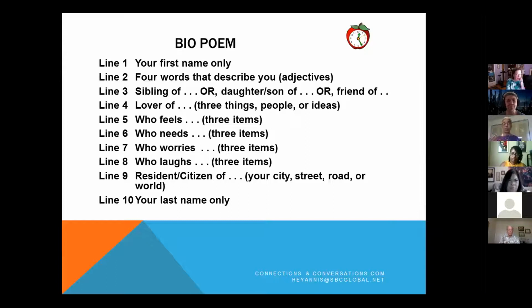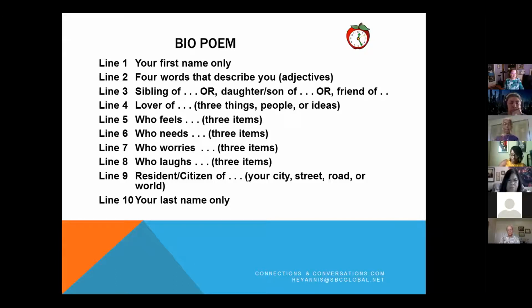So these are 3 items that you feel strongly about, or you have feelings about. And then the next line, who needs, 3 things that you need in your life or in the world. Then line 7 is who worries, 3 things you may worry about or be concerned about. Who laughs, 3 things that make you laugh or tickled or enjoy life.